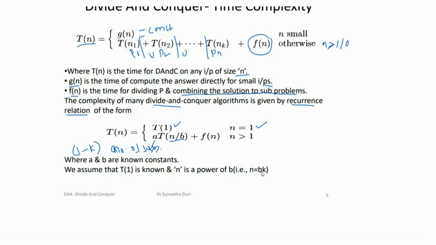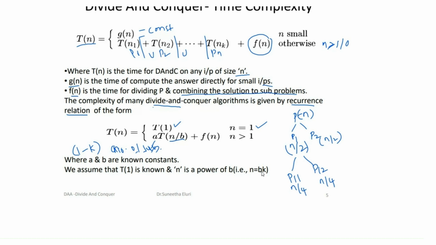Sometimes the problem P is divided into two subproblems P1, P2, and if P has input size n, then P1 may have input size n by 2, and P2 may have a size of n by 2. If further reduced, then P11, P12, n by 2 is still reduced to n by 4, and so on.